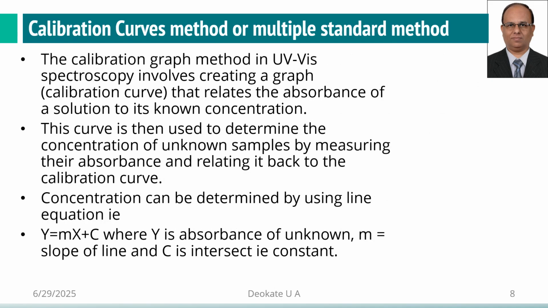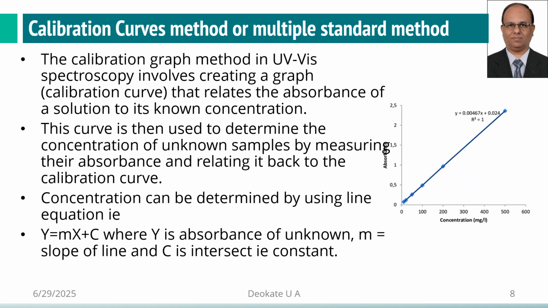The third method which we commonly utilize is the calibration curve method or multiple standard method. We will focus more on this method in this lecture. The calibration graph method in UV visible spectroscopy involves creating a graph, that is a calibration curve, that relates the absorbance of a solution to its known concentration.